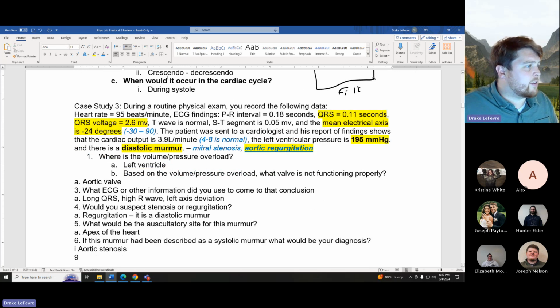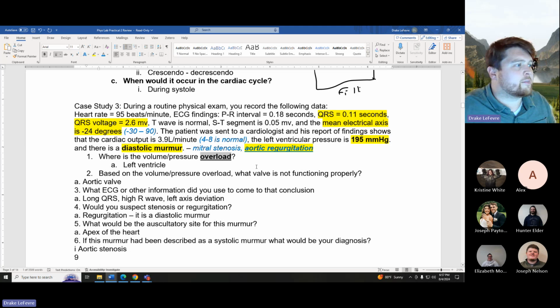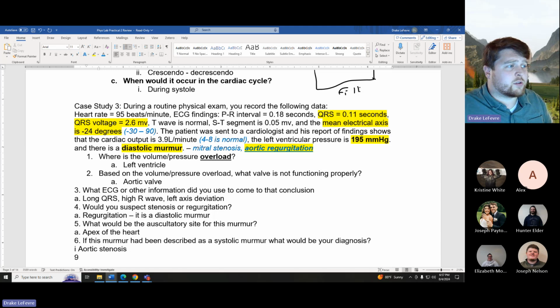So where is the volume or pressure overload? When we talk about overload, it means that it's working way harder than it's supposed to. So we're getting hypertrophy. Where's the hypertrophy located? Inside the left ventricle in this case. And we know that because we have a high QRS interval and a leftwards deviation.